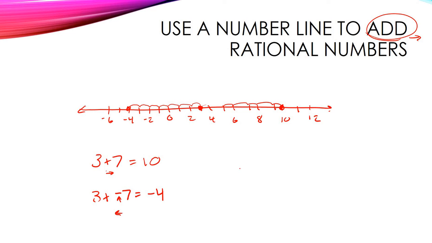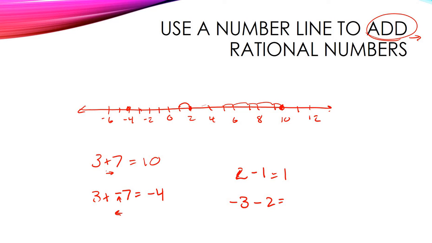If I do 2 minus 1, starting at 2, let me try to erase some of this other stuff. Okay, starting at 2, minus means go to the left, -1 is 1. Or, let's see, -3 minus 2.